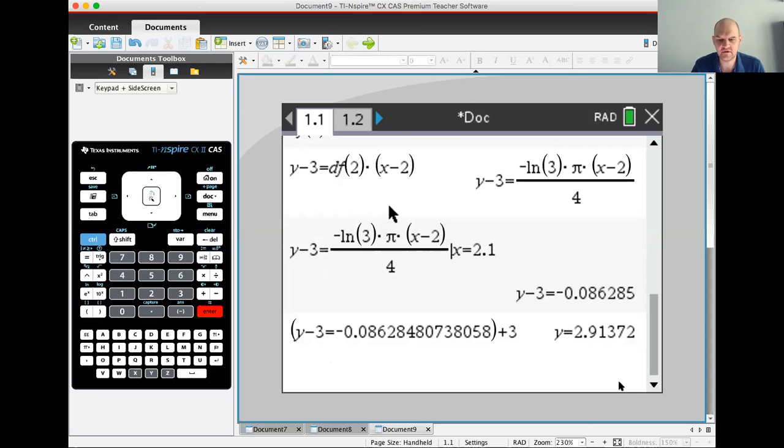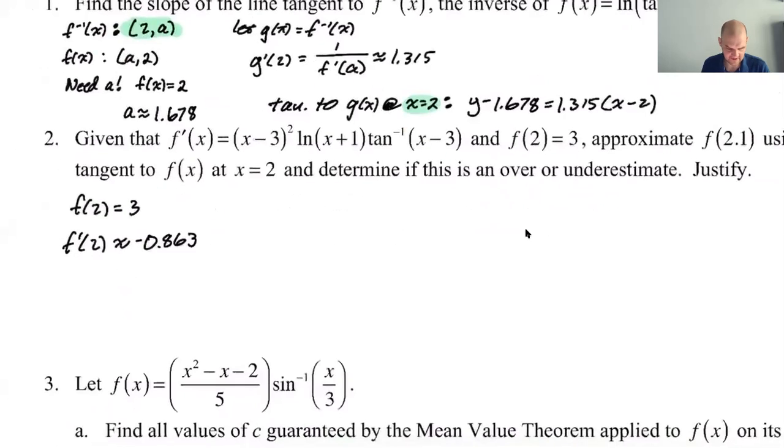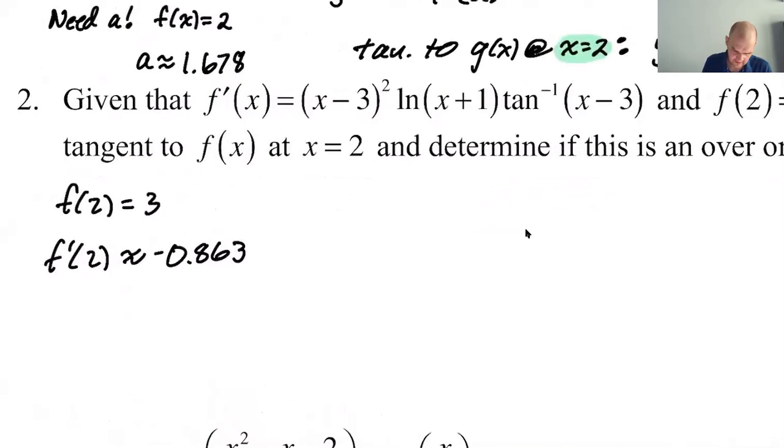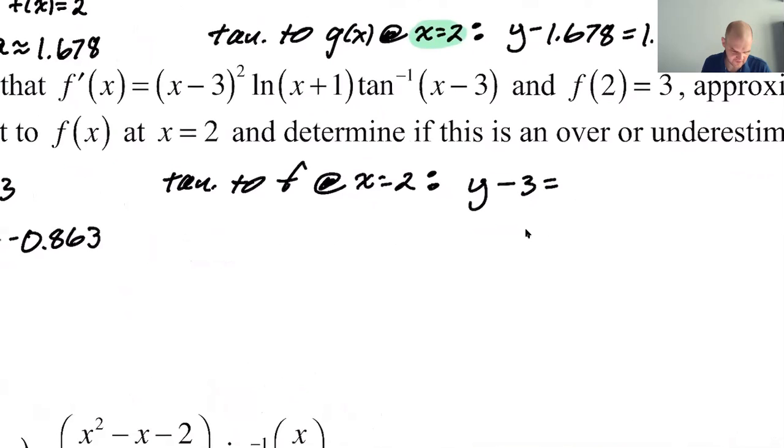Let's write that down. I've got to write down the tangent line, and show that f of 2.1 is approximately something. So the tangent line to f at x equals 2 is going to be y minus 3 equals negative 0.863 times the quantity x minus 2.